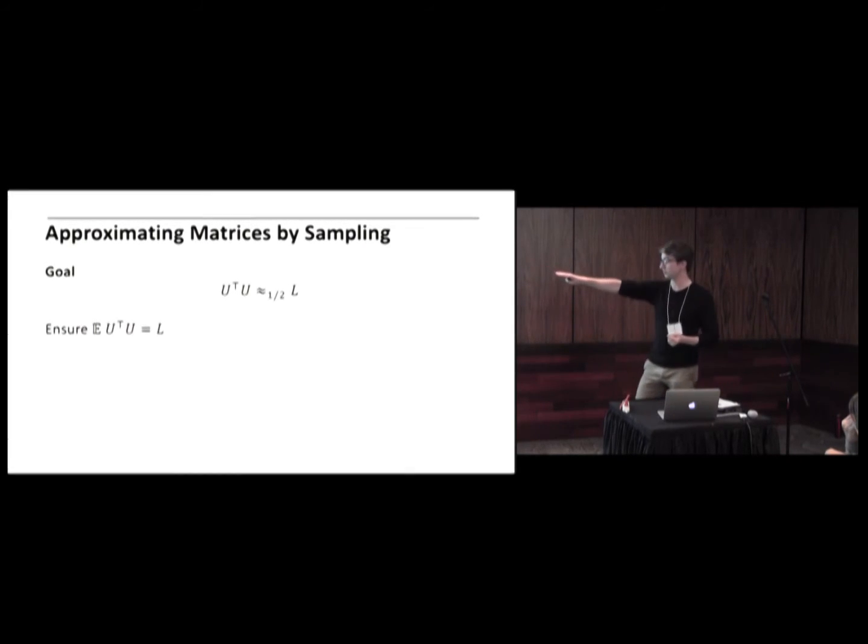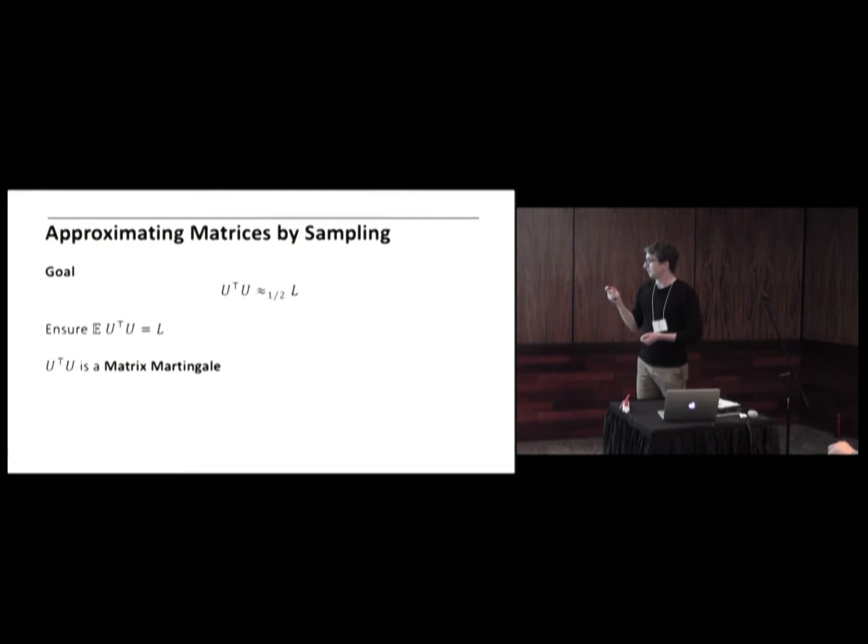This of course tells us that the output is also equal in expectation to the Laplacian L. It also means that we're working with a matrix martingale, because we're maintaining the expectation throughout. So U transpose U is a matrix martingale. And we use this when we're proving that U transpose U is concentrated.